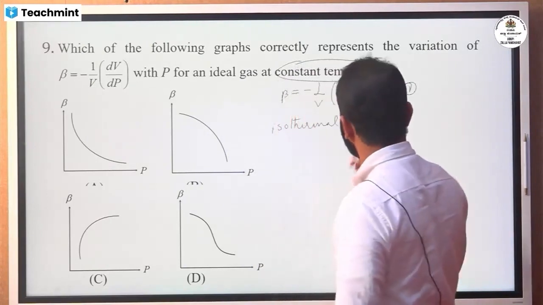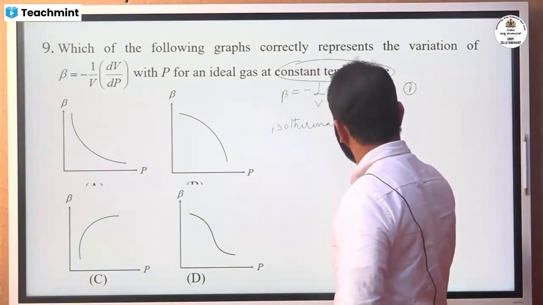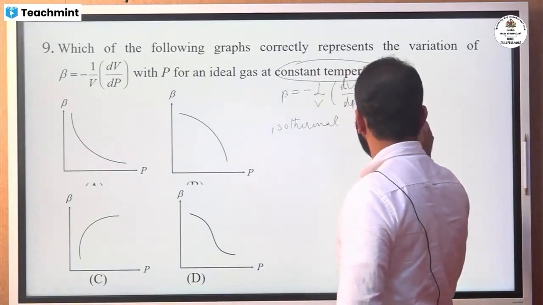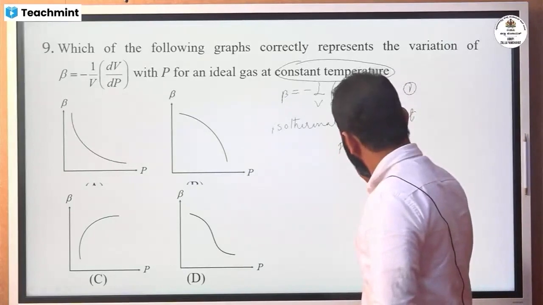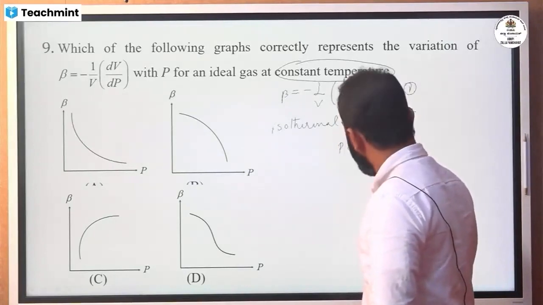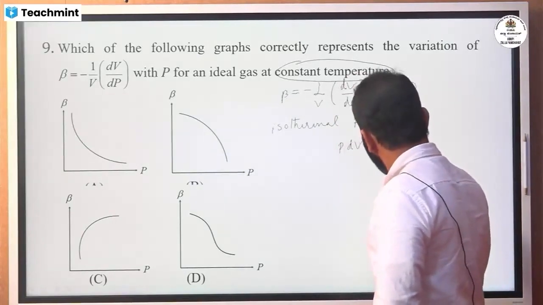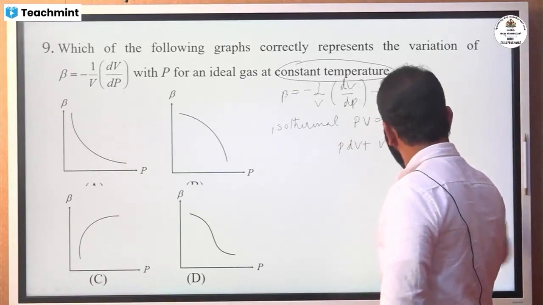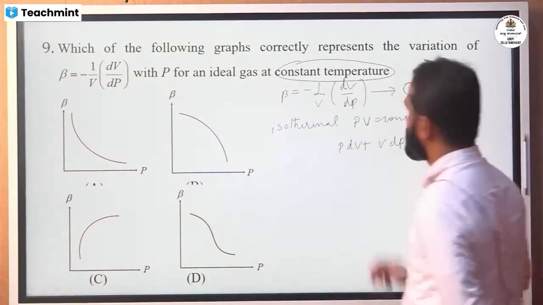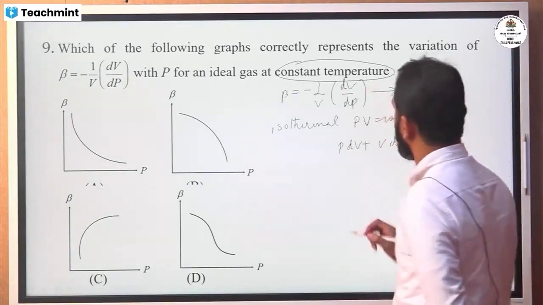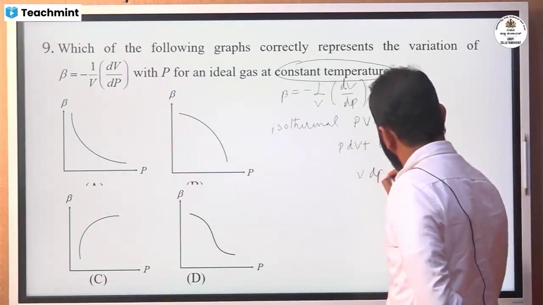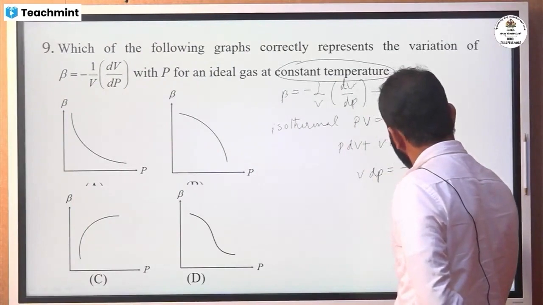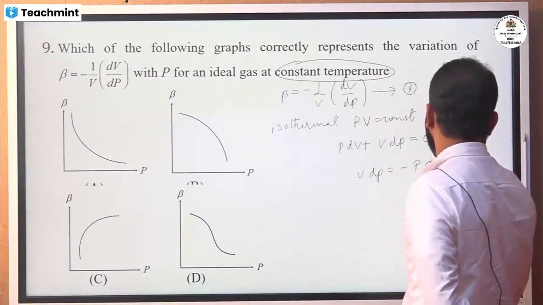And for an isothermal process, we know PV is a constant. So let's differentiate this equation. P dV plus V dP is equal to 0. Let me rearrange it. Let me take this term to the other side, so V dP becomes equal to minus P dV.